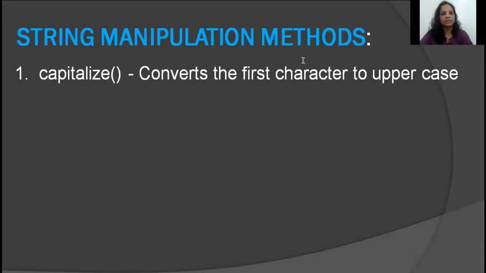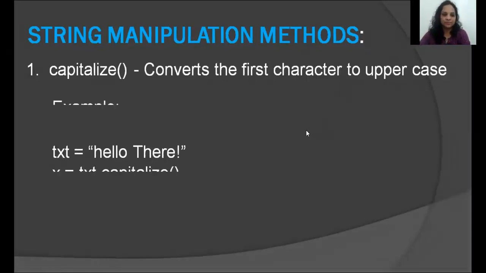Okay, so let's start with our first method. My first method is the capitalize method. Now, what does the capitalize method do? It converts the first character of the string to uppercase and all the others to lowercase. What do I mean by that?